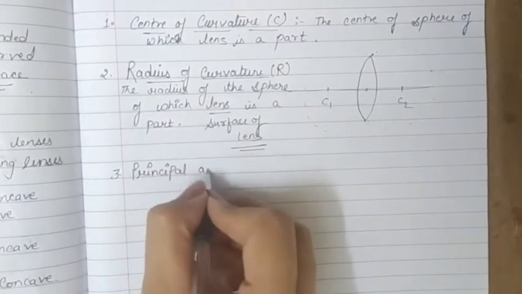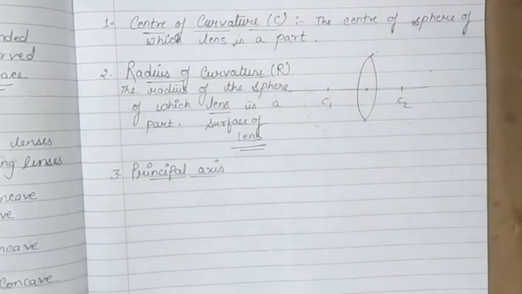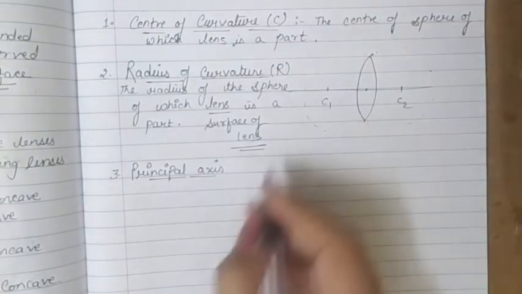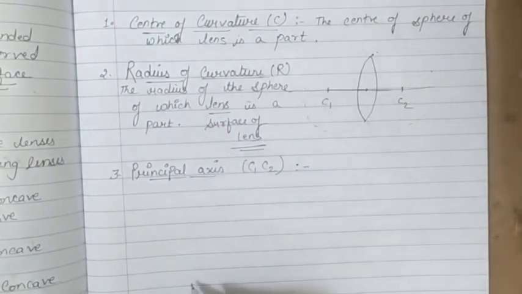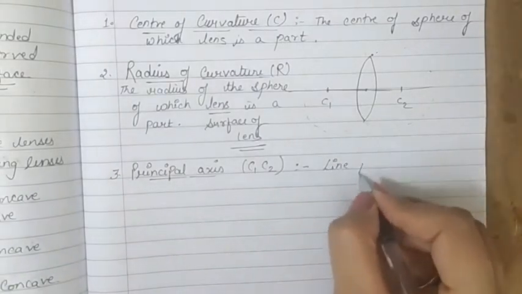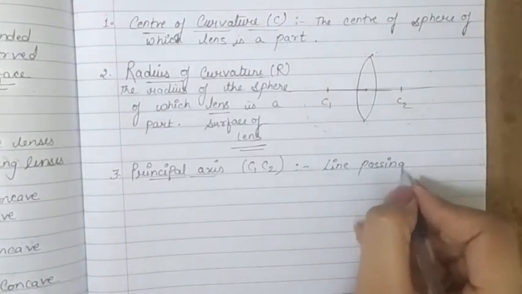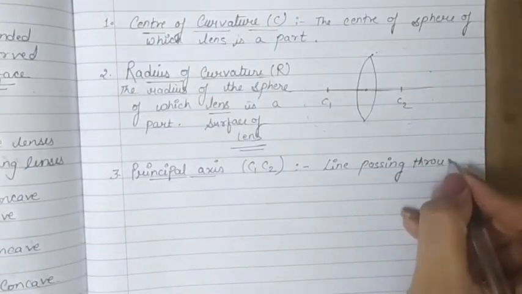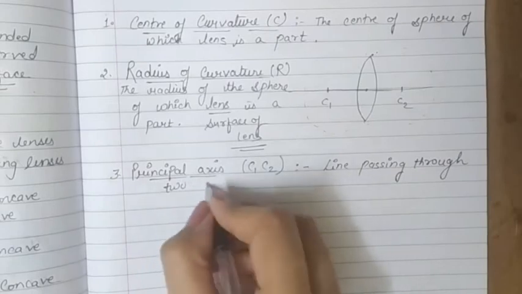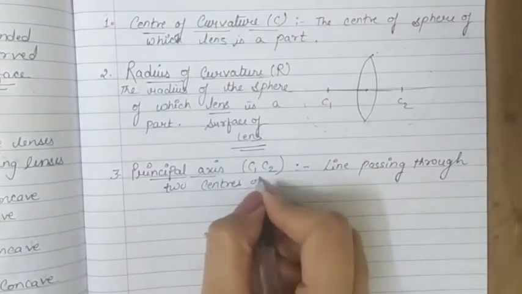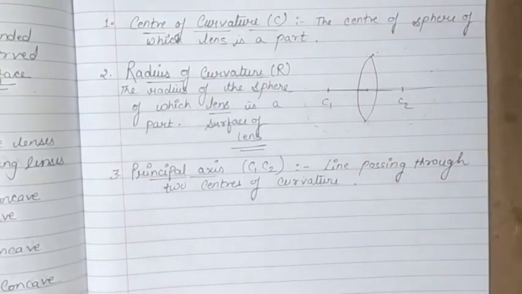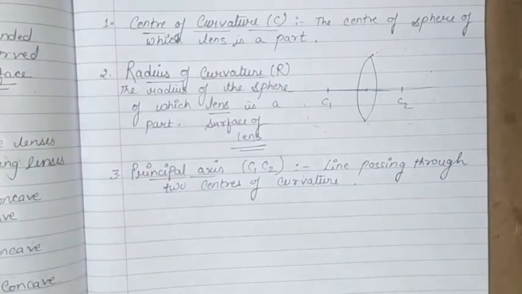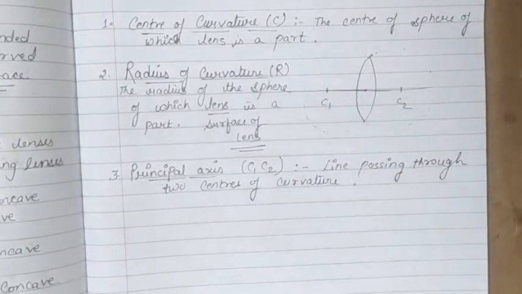So we can define principal axis as the line that is joining or that is passing through the two centers of curvature, means this line, the line C1 C2 is called principal axis, or we can say that the line passing through two centers of curvature of the lens. जो भी लेंस है हमारे पास उसके दोनों सेंटर ऑफ कर्वेचर से पास होने वाली लाइन is called principal axis. This is the third term that we have.